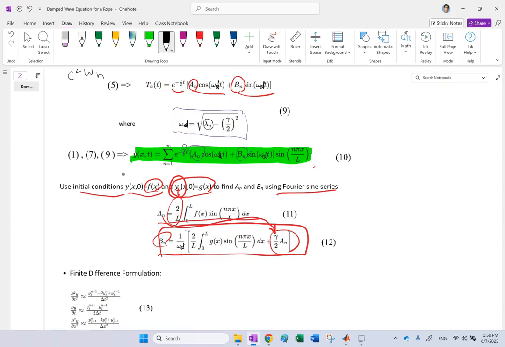Everything in it, as I said, is perfectly known, and you can plot this if you want. The only thing is you can never keep adding these mode shapes forever. You have to stop at some point. You have to decide how many mode shapes you want to add, and that is where your approximation starts.